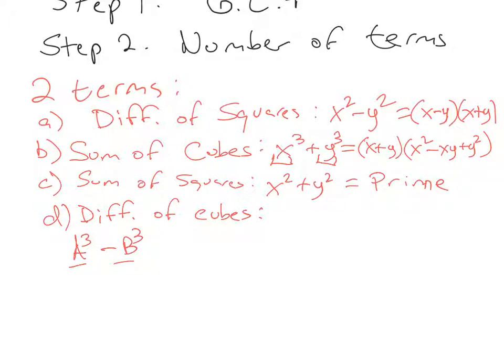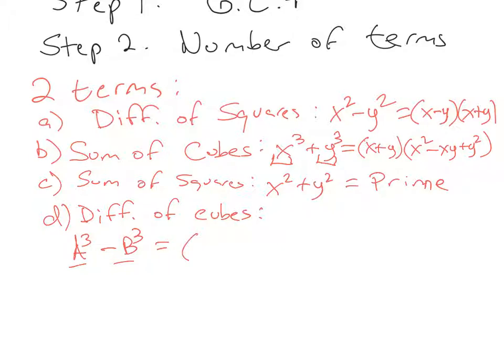Give me a number that's a perfect cube. 27. 8. So you're looking for those types of numbers. How about letters? What are some variables that are perfect cubes? A cubed. B cubed. Y cubed. How about y to the 27th power? Yes, because all that has to be true is the exponent has to be divisible by 3.